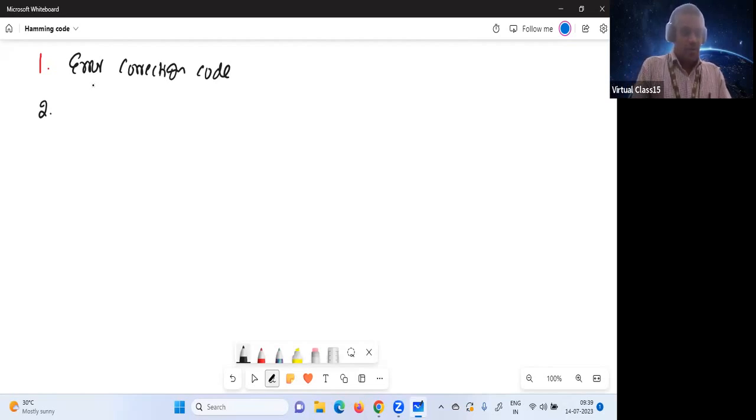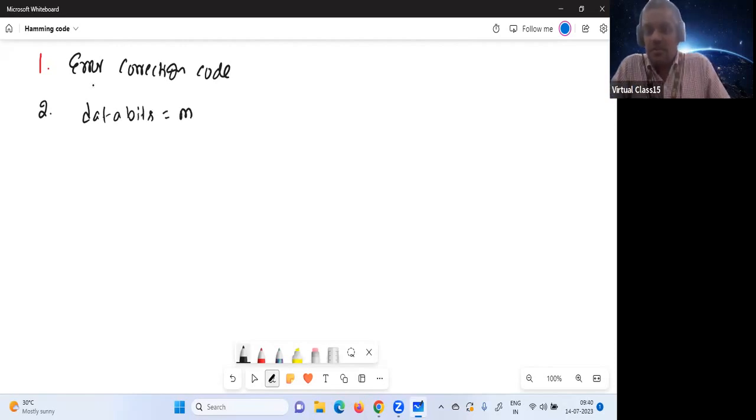Think about the number of data bits given equal to m. Data bits, m bits. The message is of length m bits. The number of redundant bits to be added, assume r.